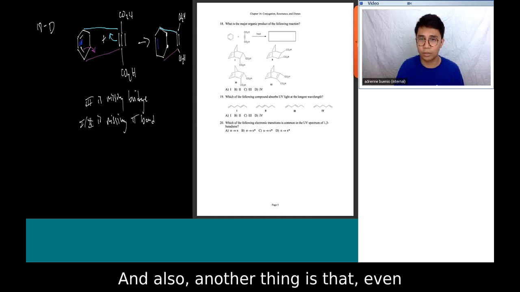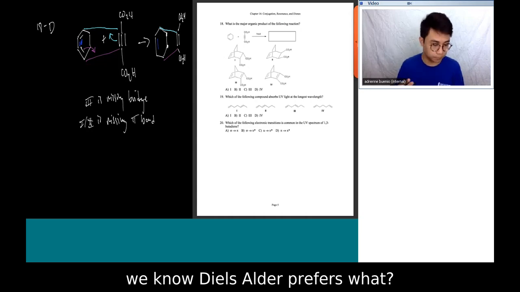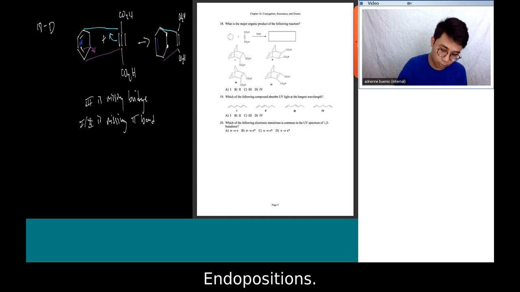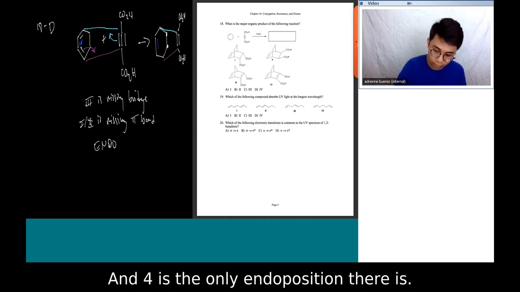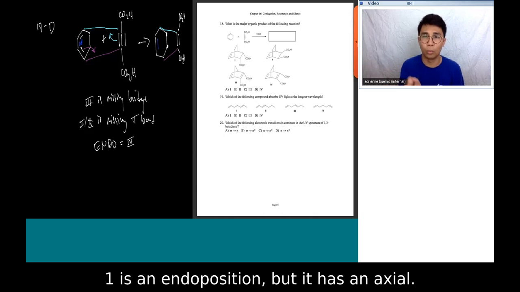And also another thing is that even if 1 and 2 did have that pi bond, we know Diels-Alder prefers what? Endo positions, right? Endo positions. And 4 is the only endo position there is. 1 is an endo position, but it has axial, right?